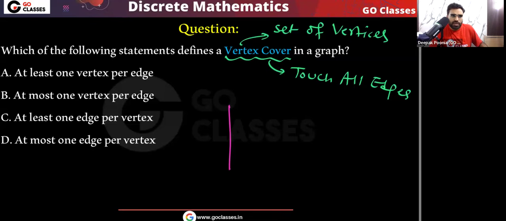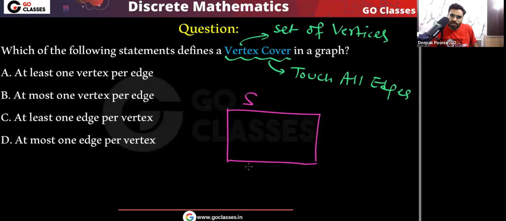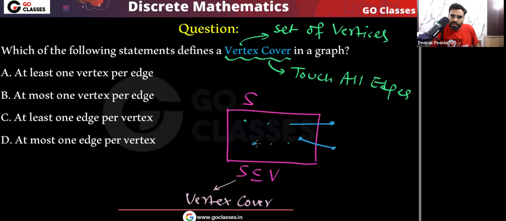So let's assume this S is a vertex cover, where S is a subset of V. Then what does it mean? It means that this vertex cover will cover all the edges. It will touch all the edges. Every edge will be covered by this vertex cover. Whatever edge you take, that will be touched by this vertex cover.